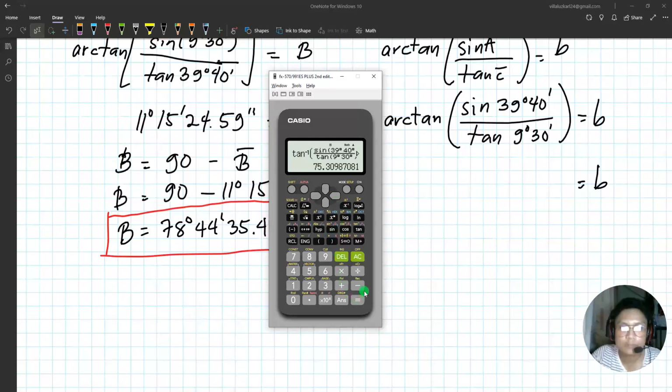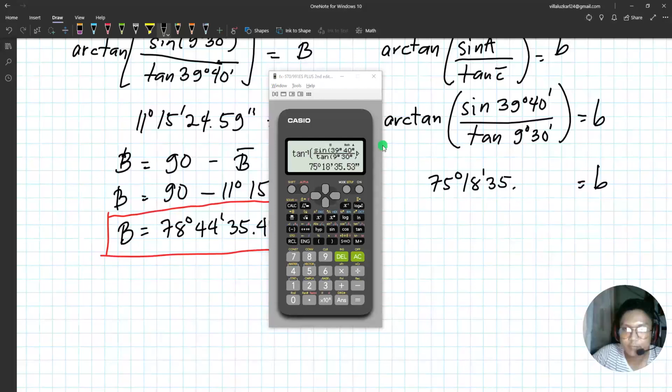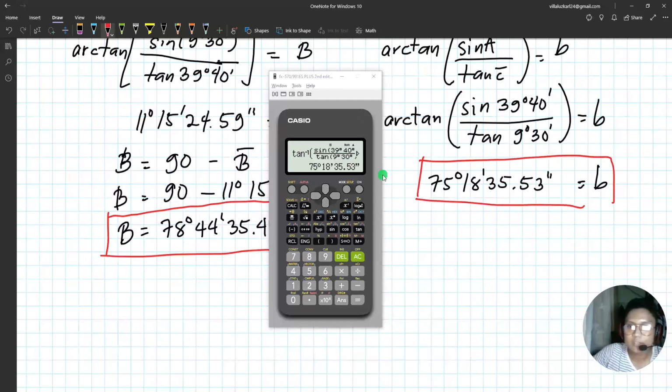In degrees, minutes, and seconds, we have 75 degrees, 18 minutes, and 35.53 seconds. That's your answer for side B using the sine tad rule again.